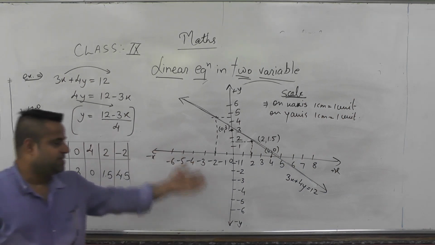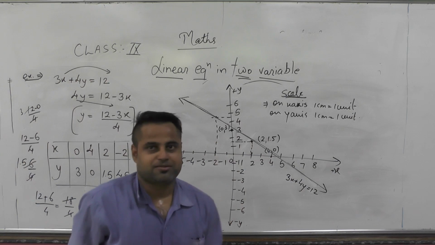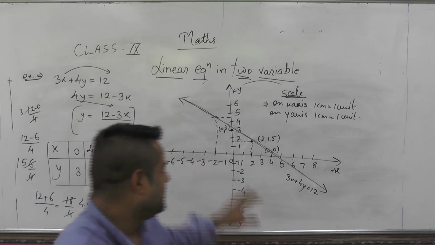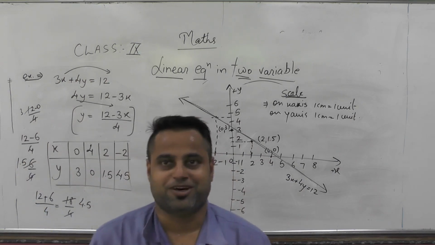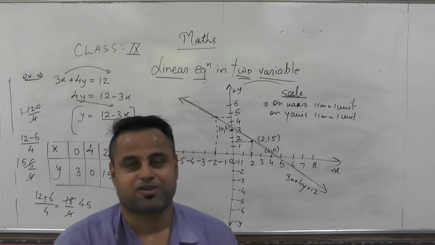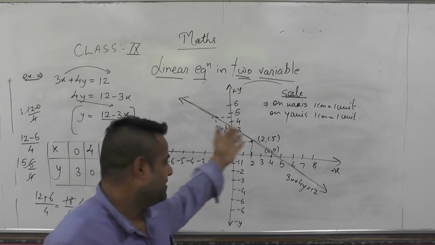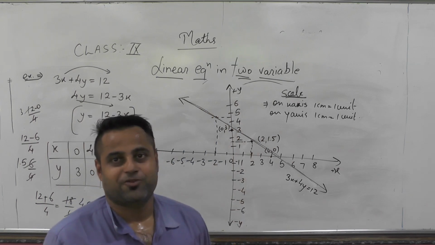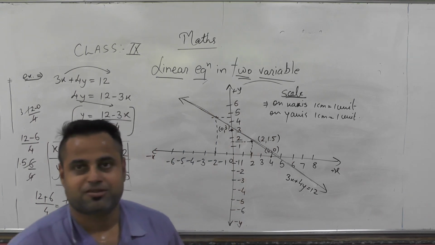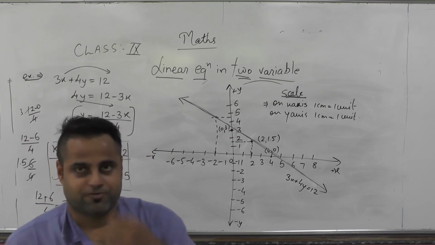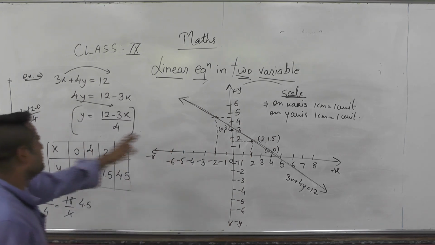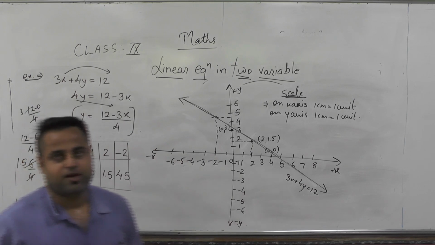In the graph it will be a bit easier because the lines can be drawn properly. Here I have made some marginal errors because I don't have that big a scale to draw this. But if you use graph paper, this representation will be proper. Okay, so that's how you can show a linear equation in two variables.